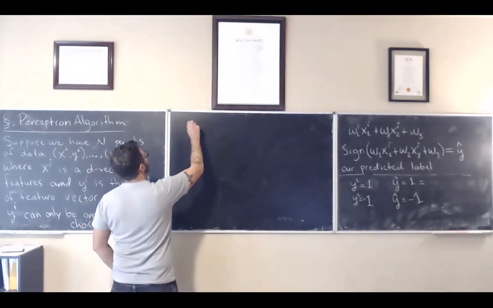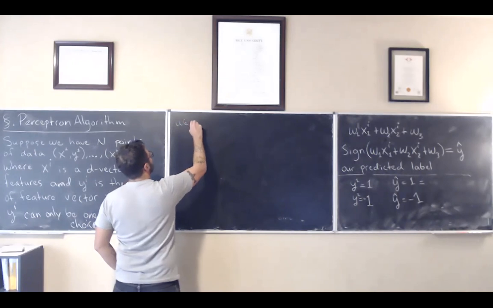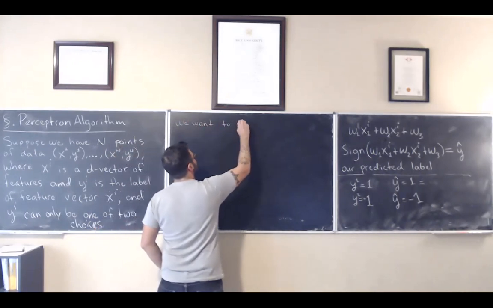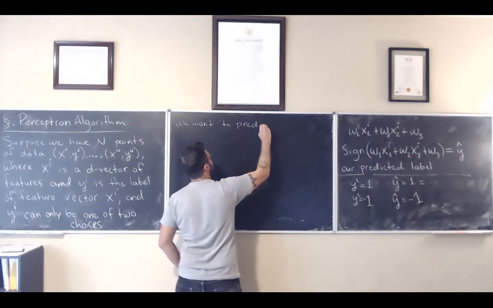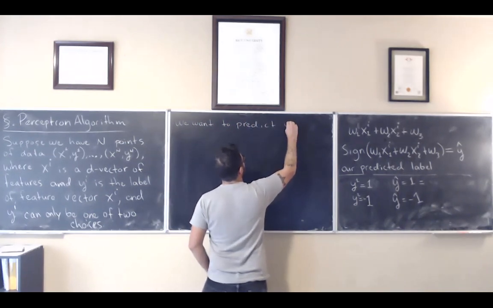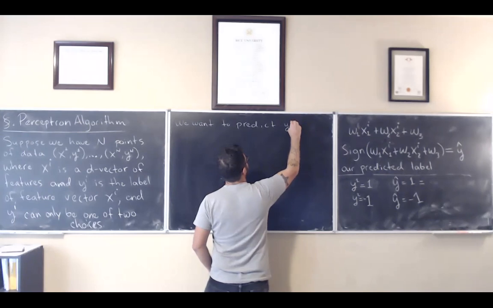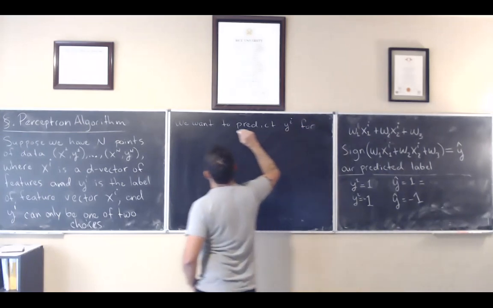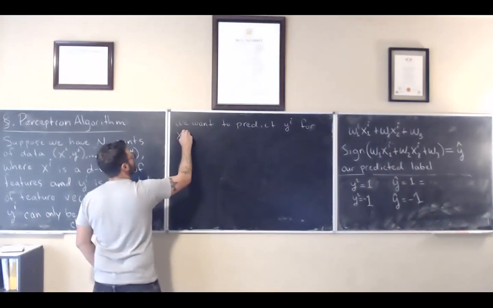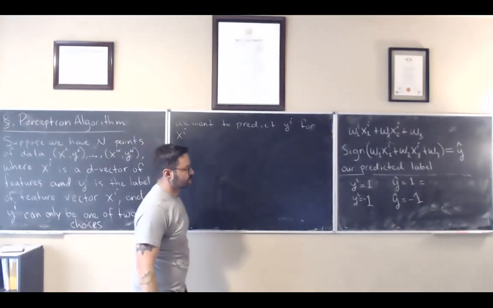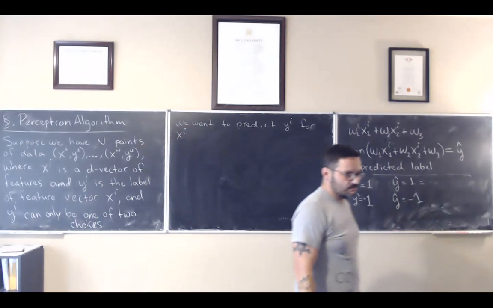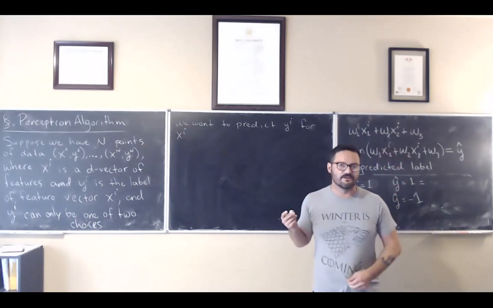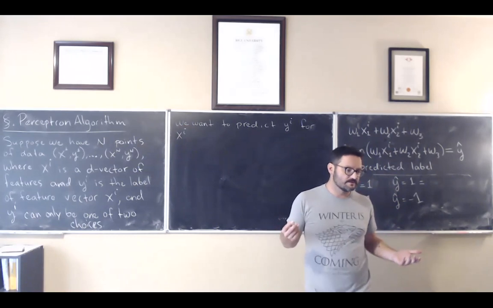So we want to predict y, I guess I'll have to keep them, yi for feature vector xi. We want to do that. But you saw a second ago that we were predicting a bunch of negative 1s and we should have been predicting 1s, right?